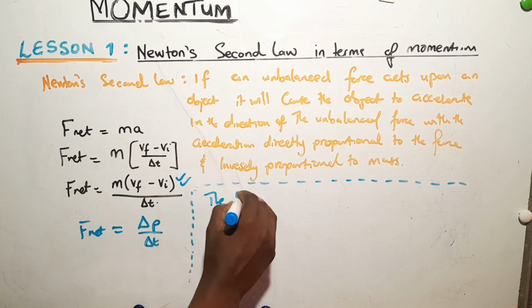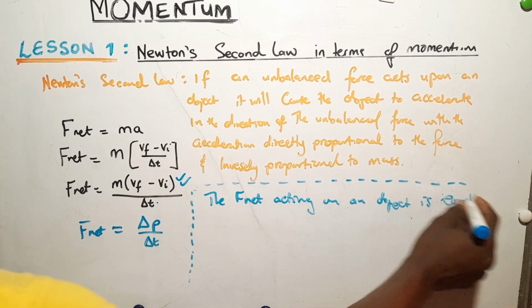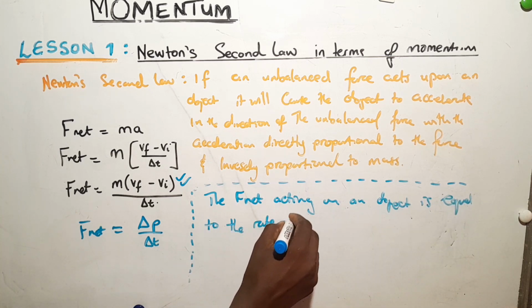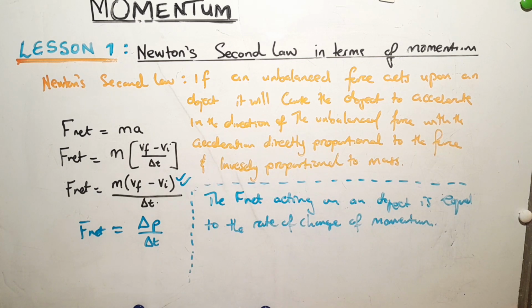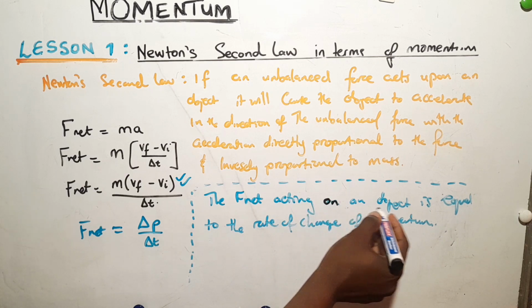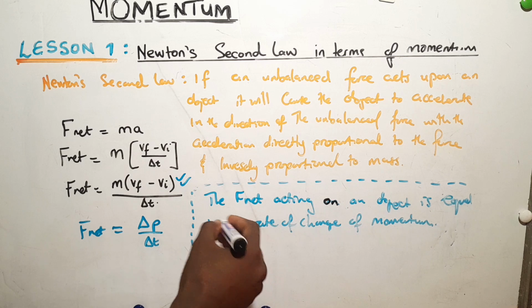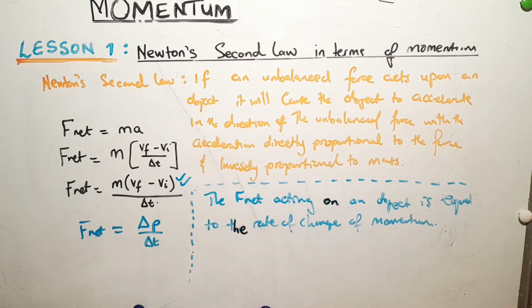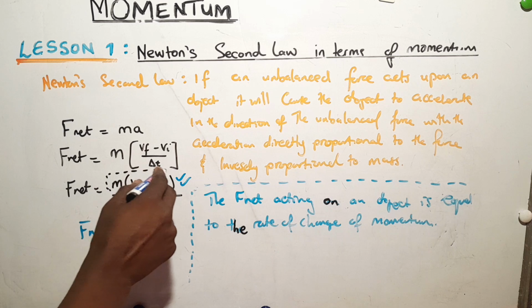So this is that the F net acting on an object is equal to the rate of change of momentum. As simple as that. So still those directions, they still apply here.